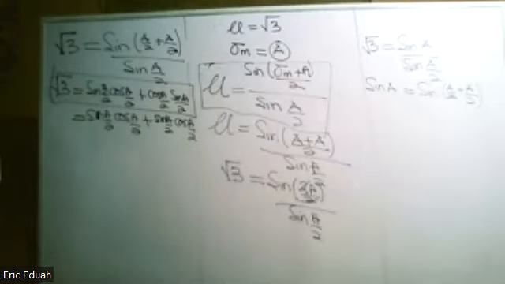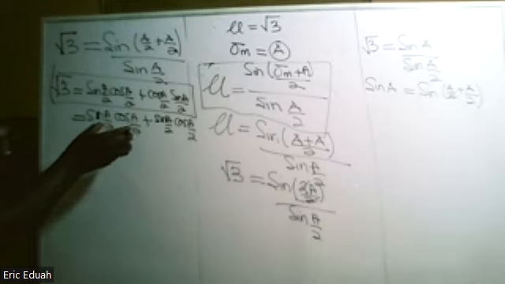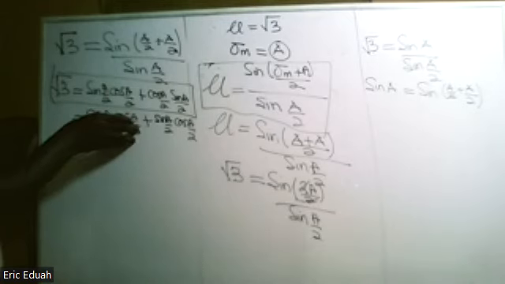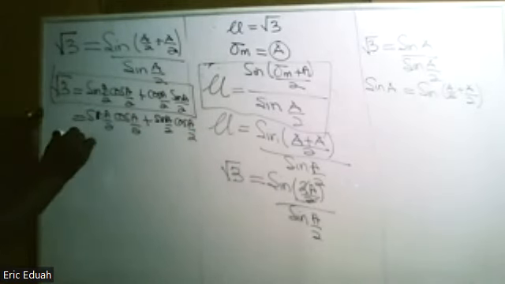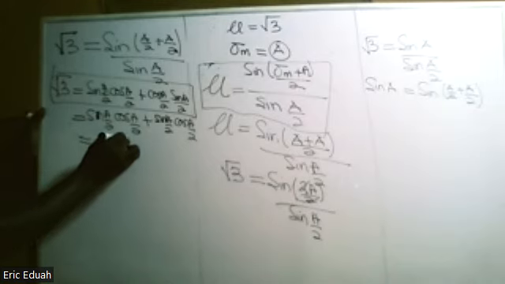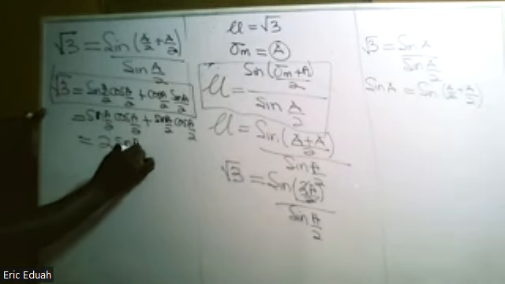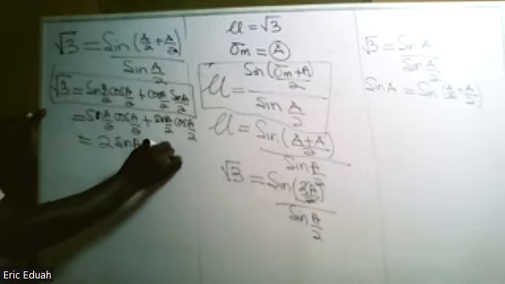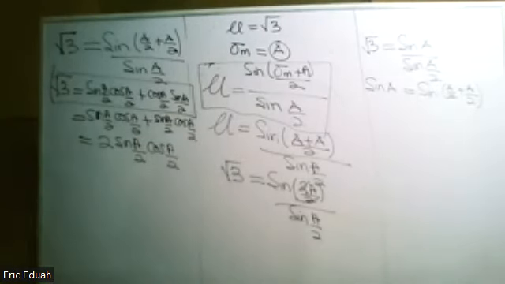Because multiplication is commutative. So it's like the same thing being added to the same thing. So we have 2 sine A on 2 cos A on 2 as we used earlier.